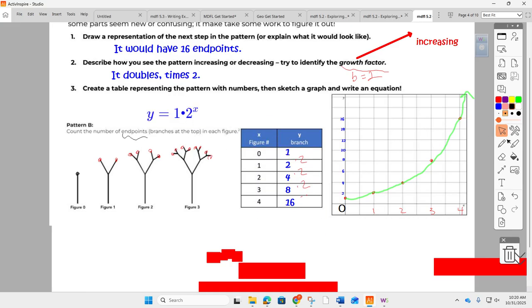So the equation that represents this table, y equals our initial value of 1, our growth rate of 2. If you're given this equation, you should be able to tell me that 1 is your initial value. That's the starting y value. B is what we're multiplying our y values by to get the next y value.